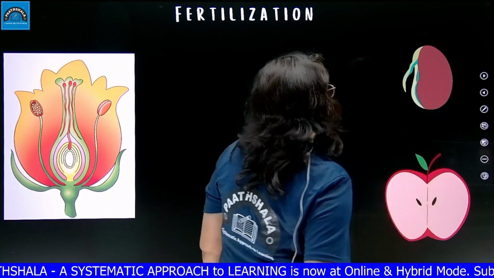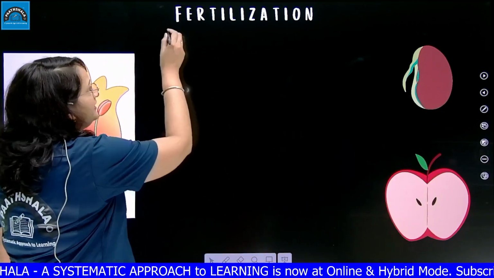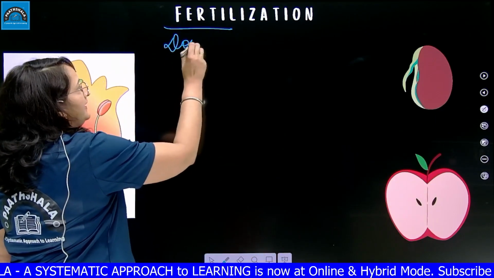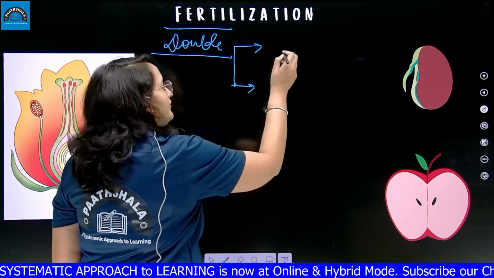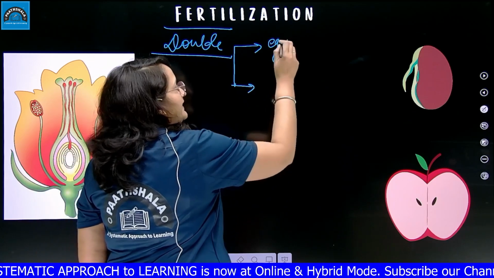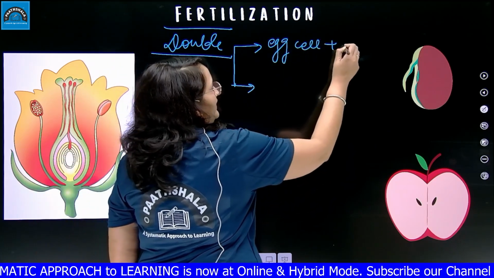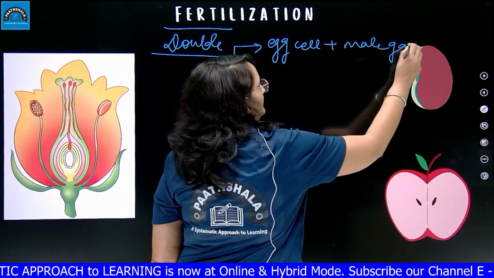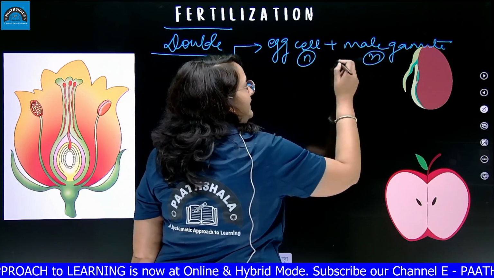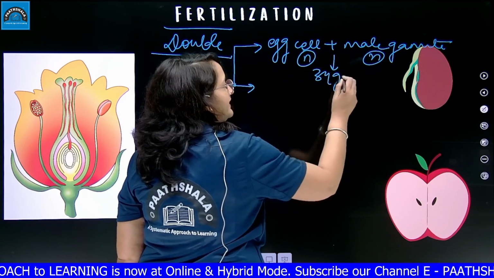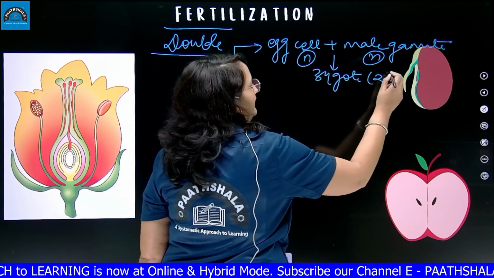What we have said is that fertilization in flowering plants is double fertilization. There are two steps. One is where the egg cell fuses with the male gamete. Egg cell is haploid, male gamete is haploid. What do they form? Zygote, which is diploid. Right?